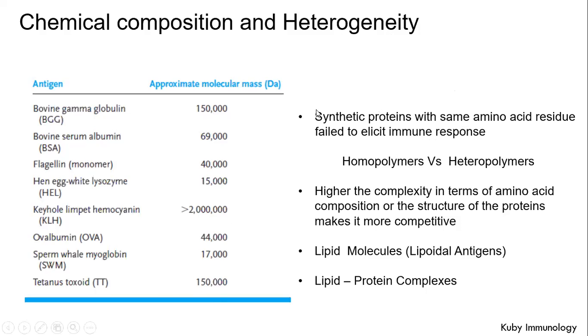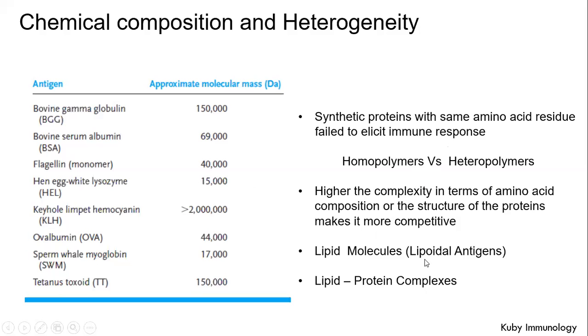You make an artificial protein having only valines or only phenylalanines, a homopolymer. You try to induce an immune response through that antigen, and you may not succeed, because heterogeneity, or a heteropolymer, is a fundamental aspect of raising an immune response. And also, the higher the complexity and the size of the molecules, the higher the immune response.